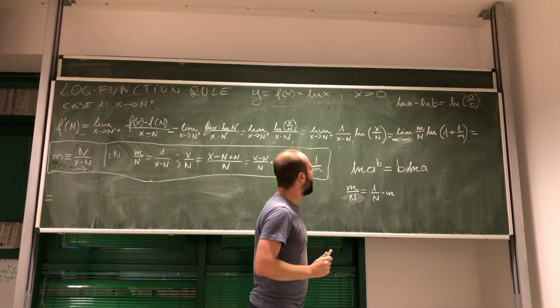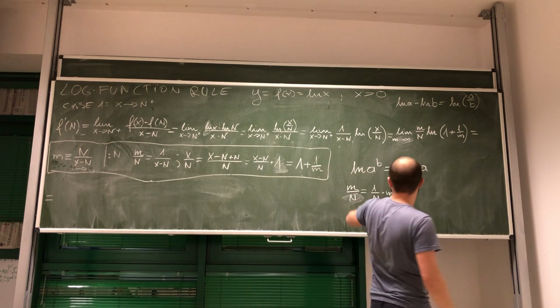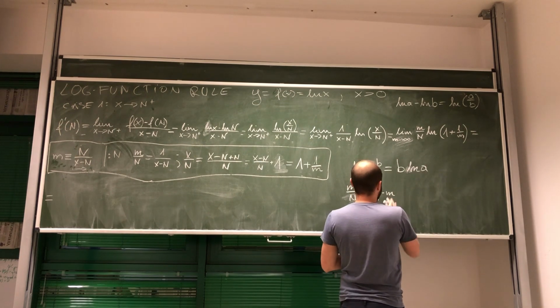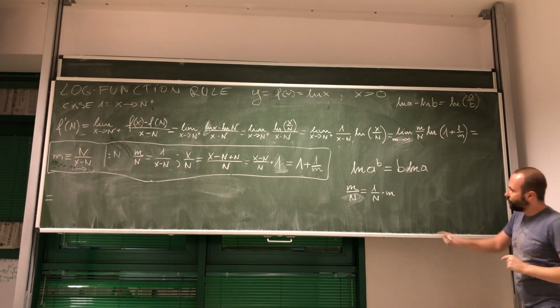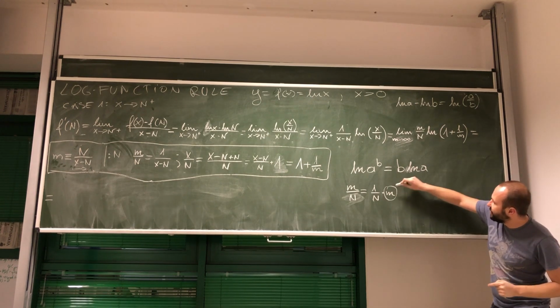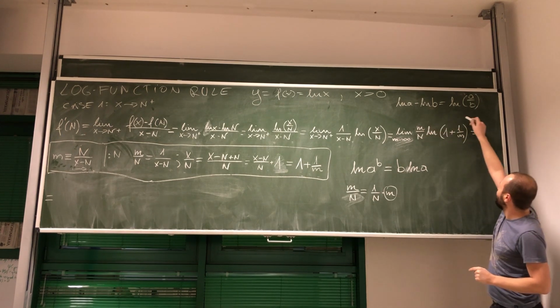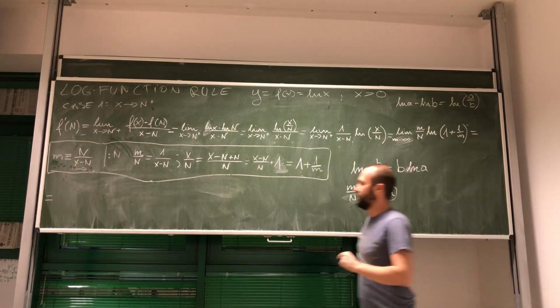So what I have here is the expression m times 1 over n. So what I can do is take m out of here and put it over here.